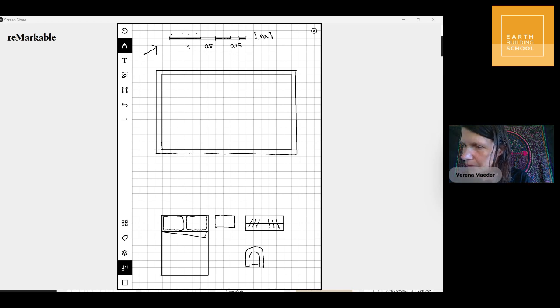Let's do that again. And you see how I'm putting in the wall thickness, so the material thickness of the technique you're choosing. And the inside measurement is 10 square meters.